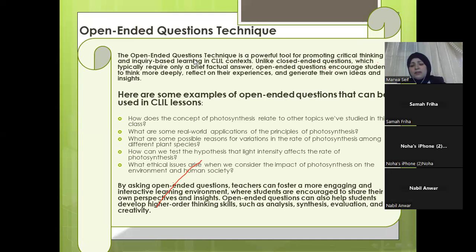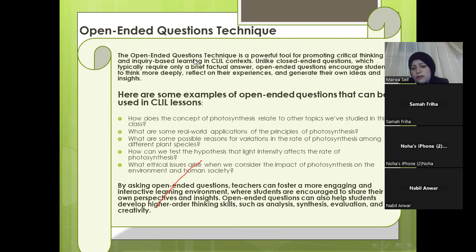I'll give you examples of open-ended questions in a lesson about photosynthesis, all right? So I can ask my students open-ended questions that have to do with the photosynthesis lesson that will get them to think critically about the content of the lesson. I may ask them, how does the concept of photosynthesis relate to the other topics we have studied in this class?